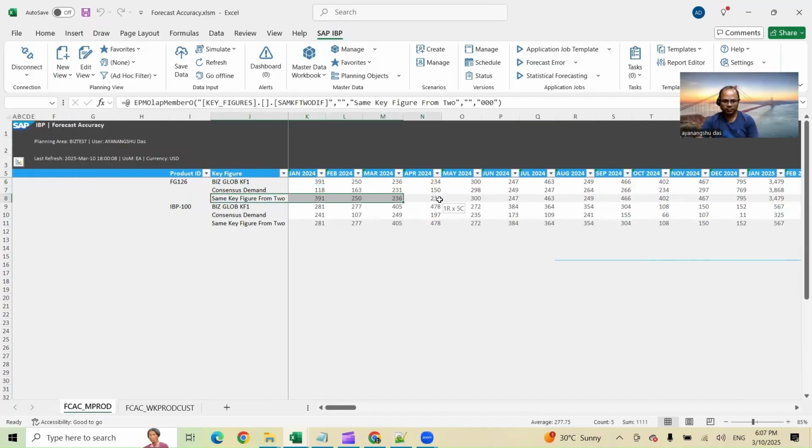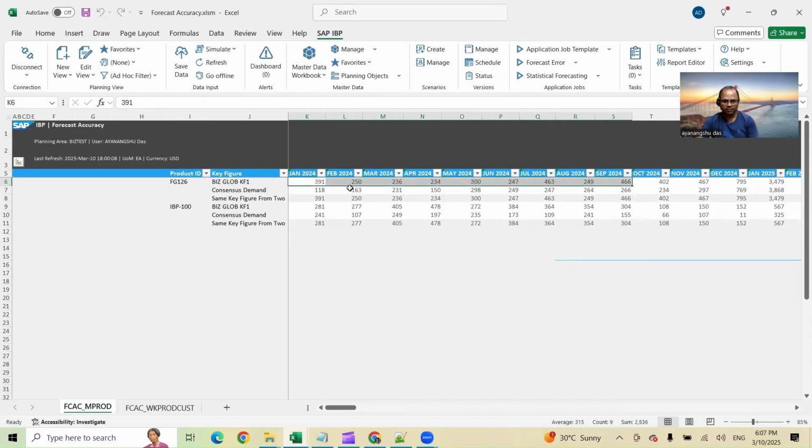So this is the key figure that we created, right? So let's see where it is taking the data from. So this Jan 2024 is less than the current period. So as we have written the function, the formula, it is supposed to take from this key figure that we have created, and it's taking from that key figure.